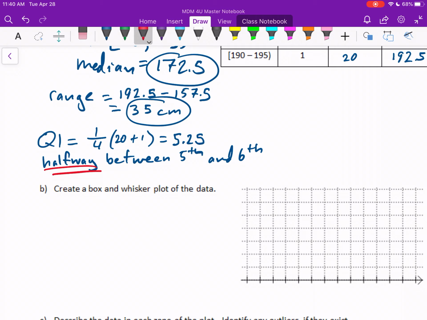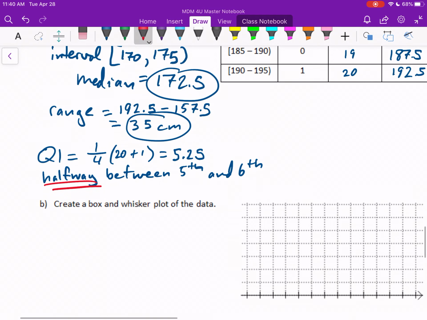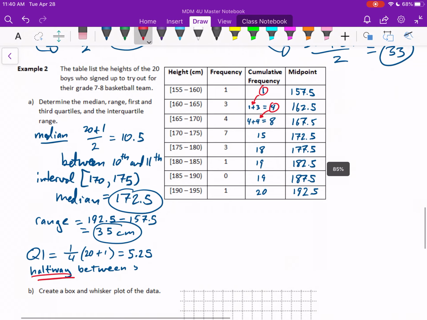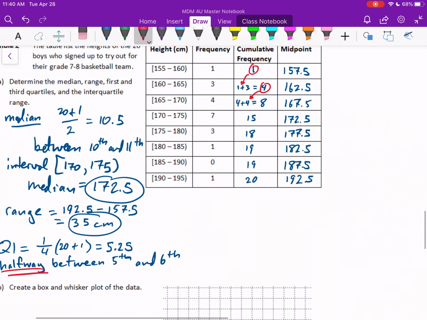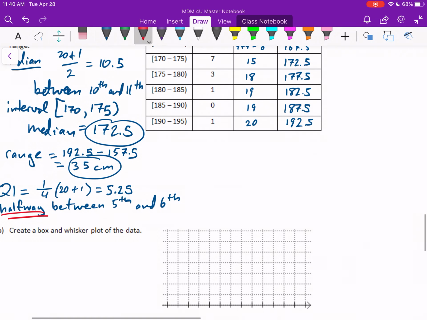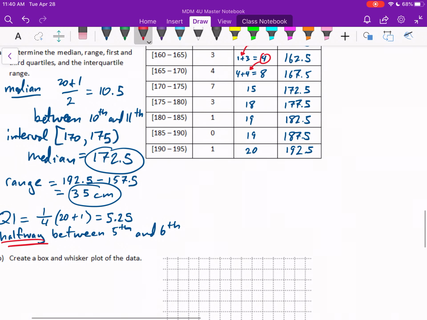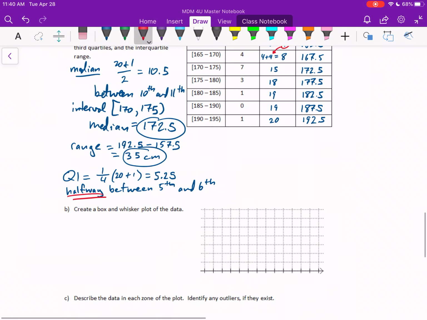The 5th piece of data and the 6th piece of data, in this case we don't have to do much of a calculation because they're going to be the same, since we're talking about intervals. That's going to fall in the interval between 165 to 170, so we take the midpoint, which is 167.5.